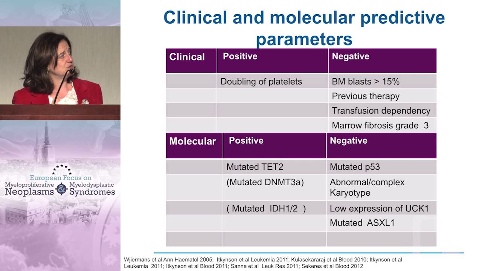Whereas marrow fibrosis grade 3 is accompanied by a scarce response to azacitidine. Mutated TET2 was already alluded to, is a prognostic parameter for good response, whereas P53, complex karyotype, once again low expression of UCK1, I'll come back to this, and mutated ASXL1, there are different publications on this subject.